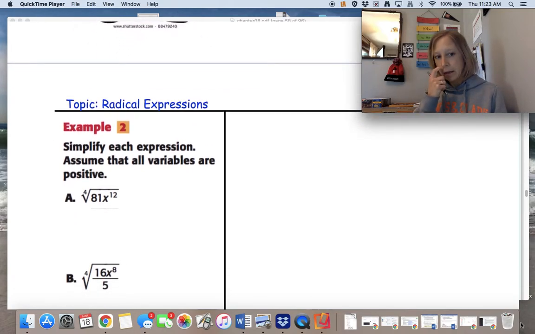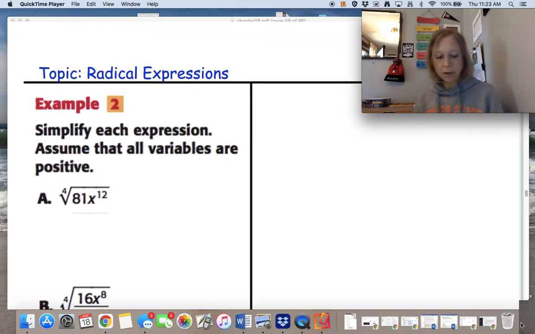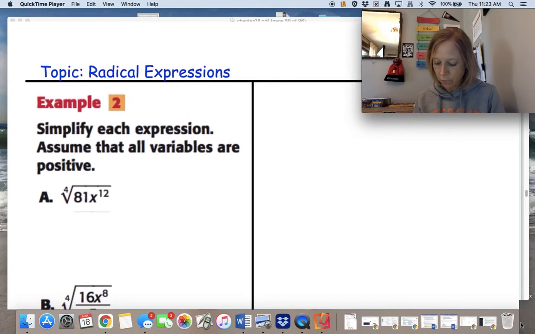So let's look at letter A. And it looks like we're going to use this product property here. So what I'm going to do is I am going to break this down and take the 4th root of each part separately. So I'm going to take the 4th root of 81, and then I'll take the 4th root of x to the 12th.